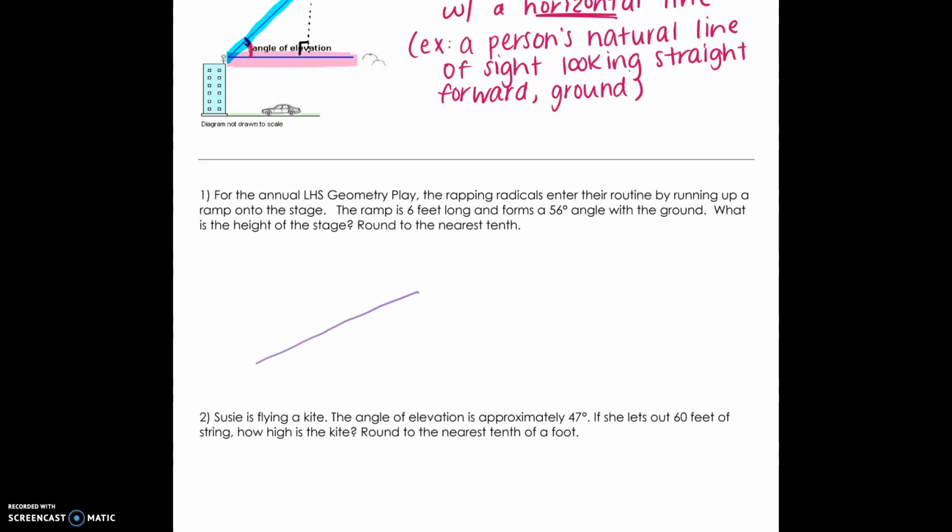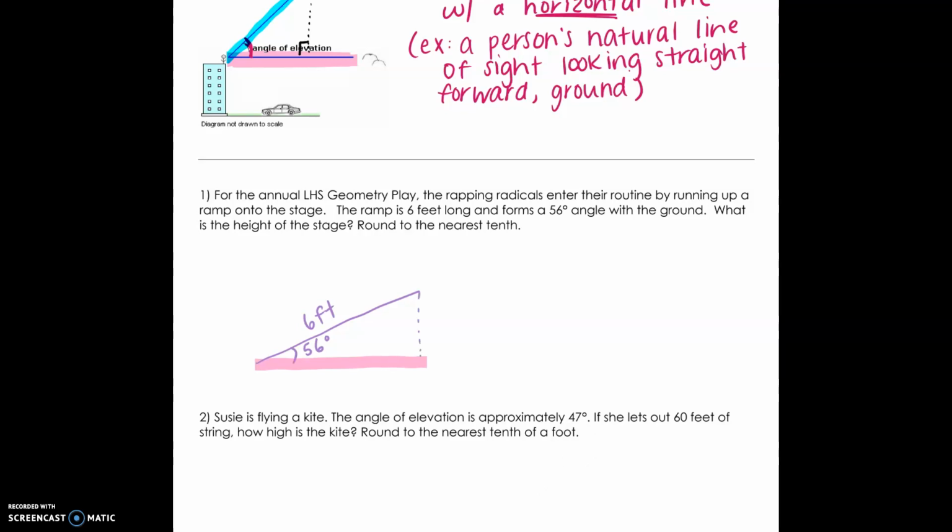That's the ramp that the students are going to run up on during the play. And we know that the ramp is 6 feet long. We also know that the ramp forms a 56-degree angle with the ground. So we have a ground, that's our horizontal line here. So the 56-degree angle with the ground and the ramp, that's going to be our angle of elevation.